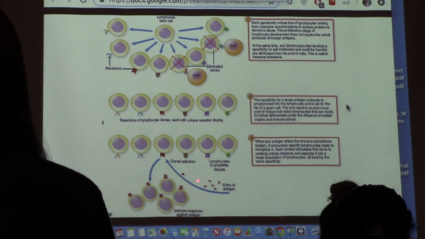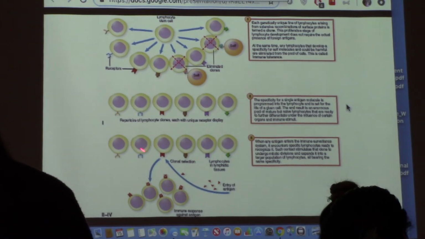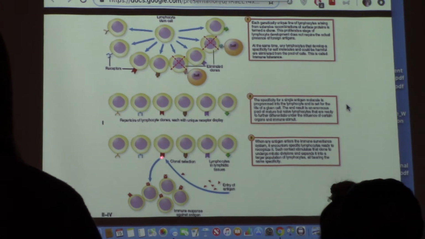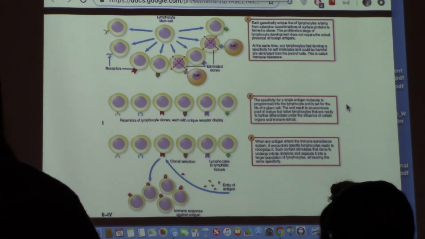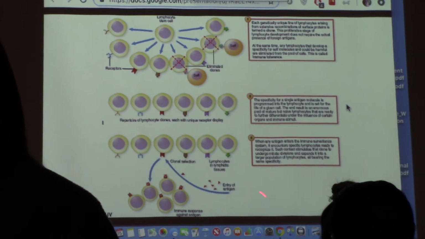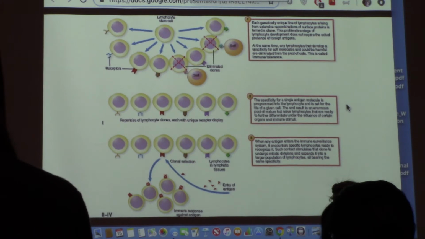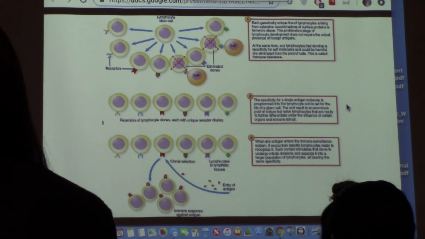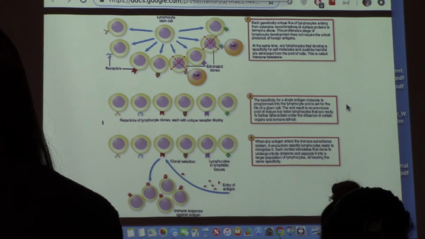Well, as this gets brought to this particular T cell or B cell, do you see how this binds right into the little receptor there? And that triggers your body to say, oh, we have a cell that can protect us, and it divides into millions and millions of these little cells that travel through your body and get rid of all these guys. And that's called clonal selection, but maybe without as much drama.